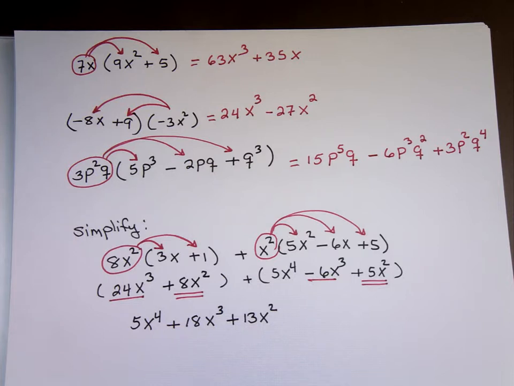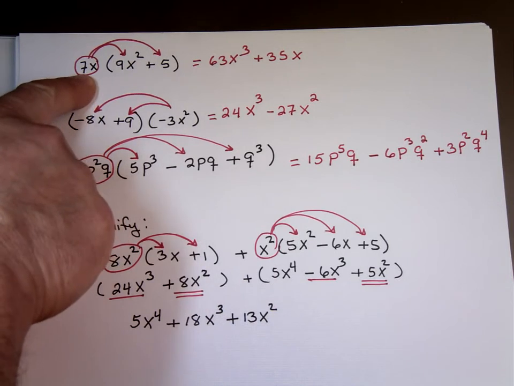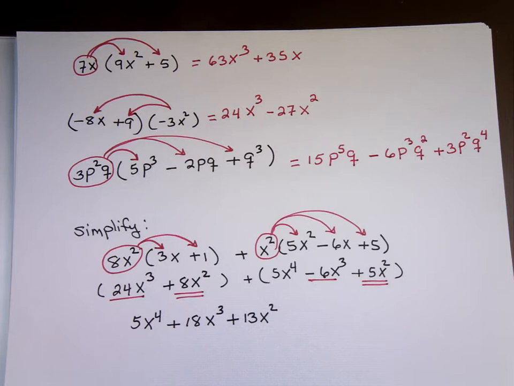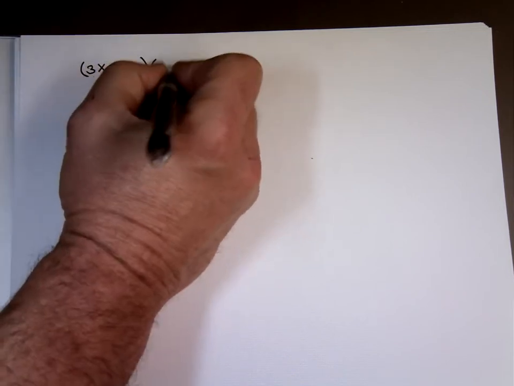The next thing you're probably thinking about, what about if the front is not a one term? What about if it's two terms or three terms? If you're multiplying 2 by 2. So let's look at those cases. Let's say I want to multiply 3x plus 1 times 5x minus 2.